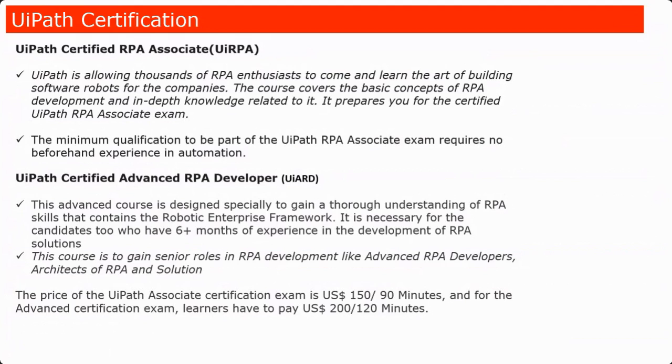There is some discussion going on among many community members to reduce the certification fee. And sometimes UiPath also provides some prepaid vouchers and coupons so that you can buy these certifications at lower prices.